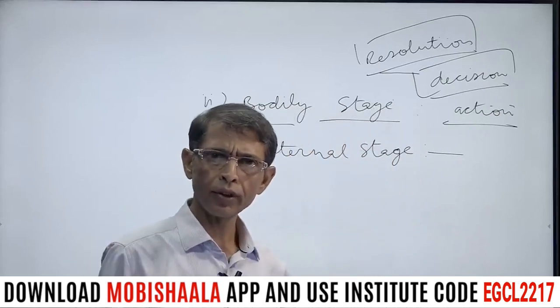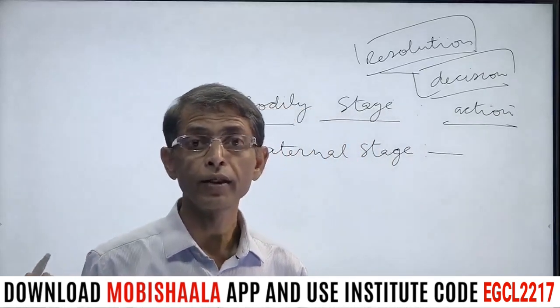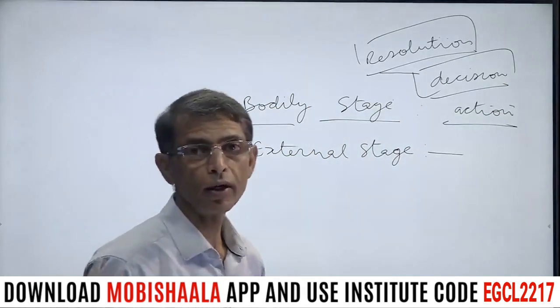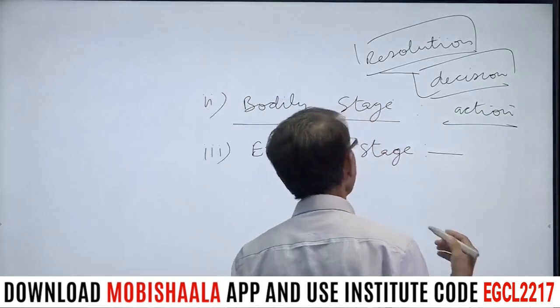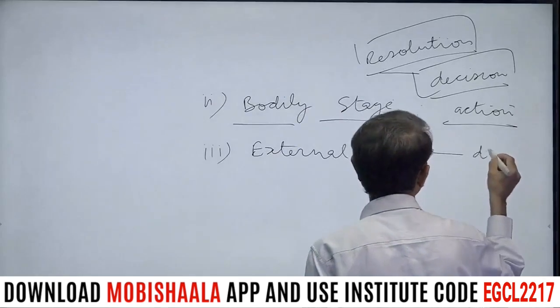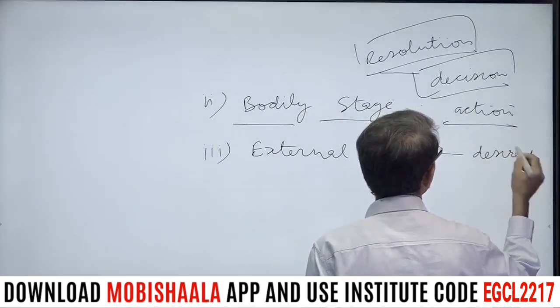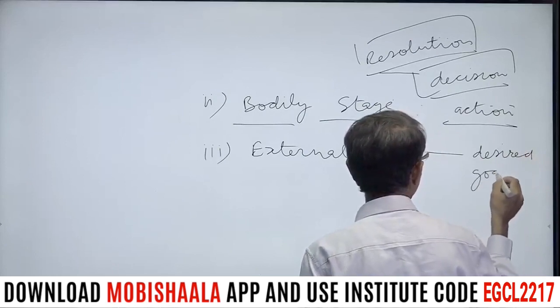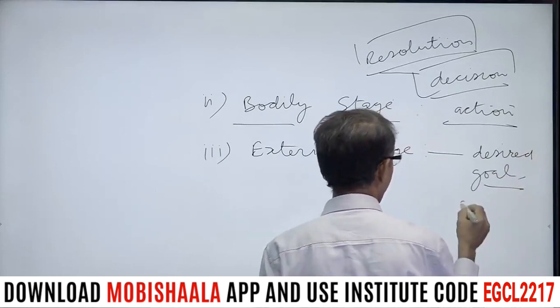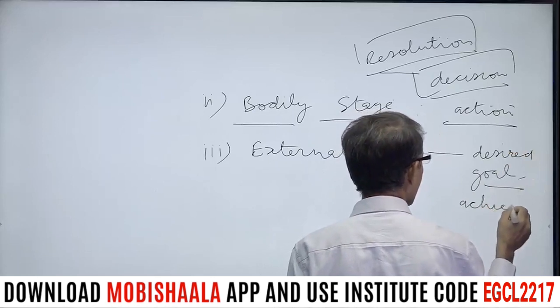If action is done, then either the motive is achieved or unachieved. Either the desired goal is achieved or unachieved.